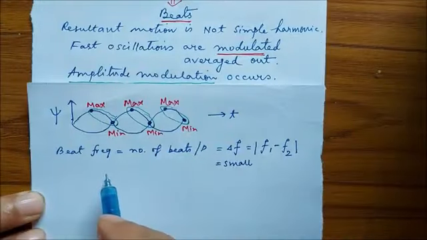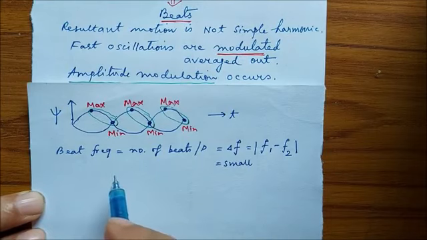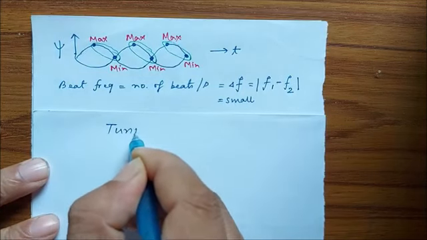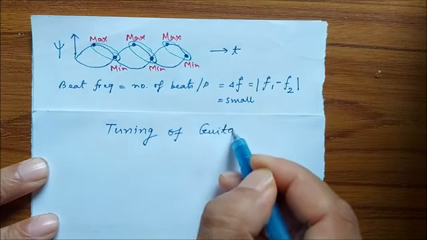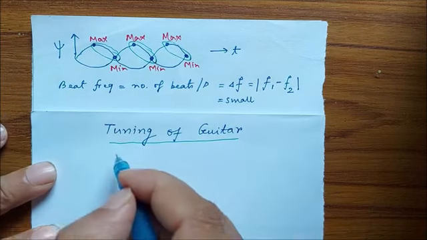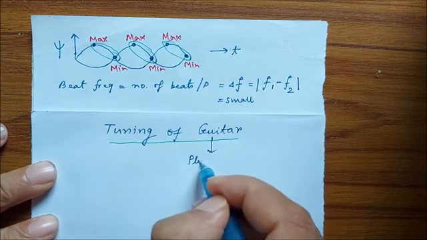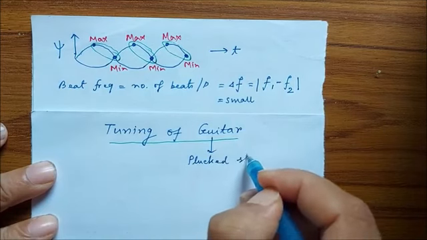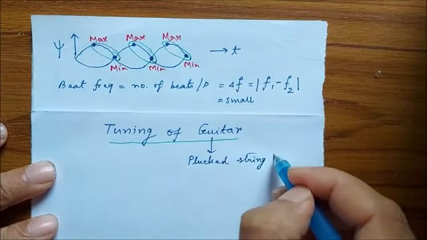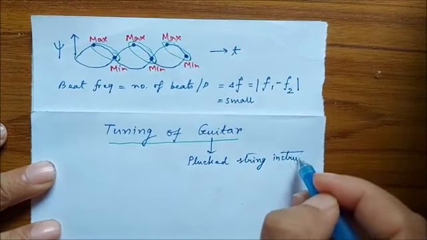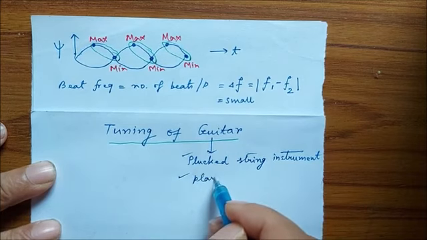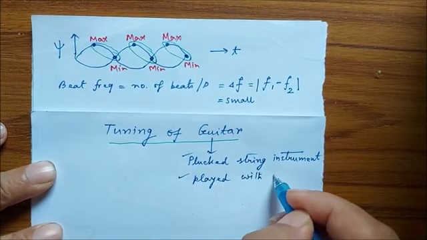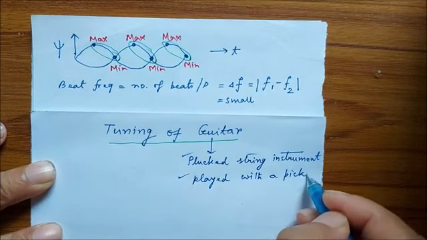We now move on to the application. We will discuss in this lecture tuning of a guitar. Guitar is a plucked string instrument that is played with a pick or fingers.